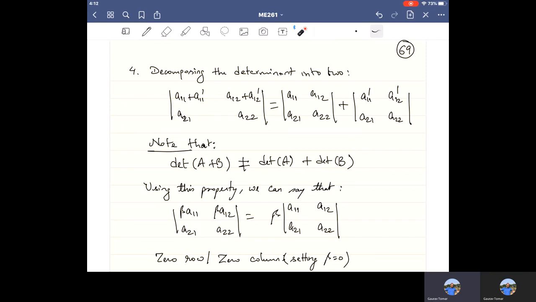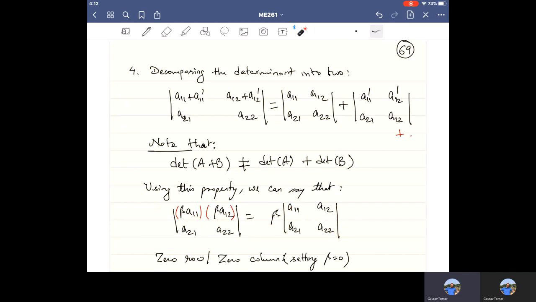Now, using this property, suppose you split it in such a fashion that you are replacing like 1 times, 2 times, and beta times. So you'll have beta such terms coming here, the same set of terms coming beta times. So you'll get beta times A11 into beta times A12 is beta times the determinant of this.